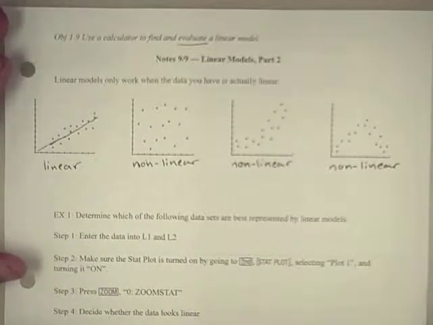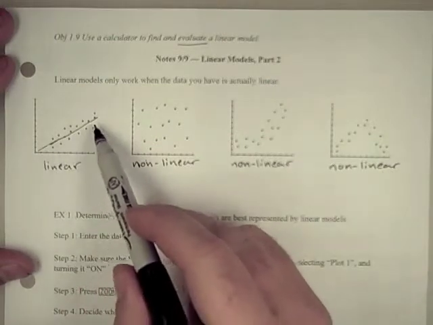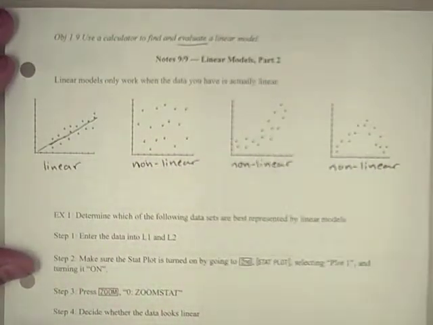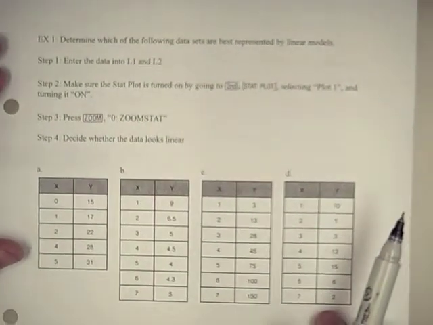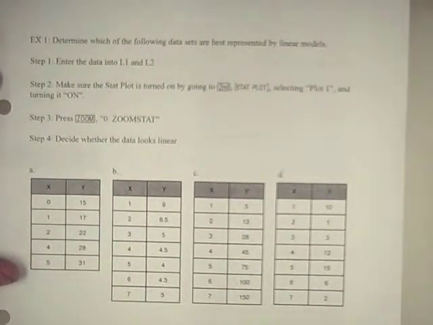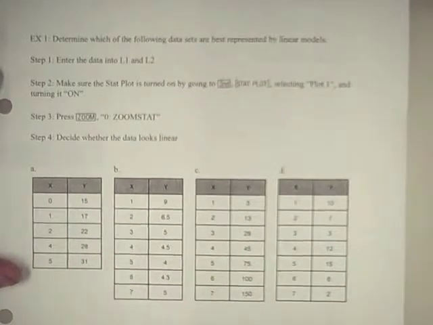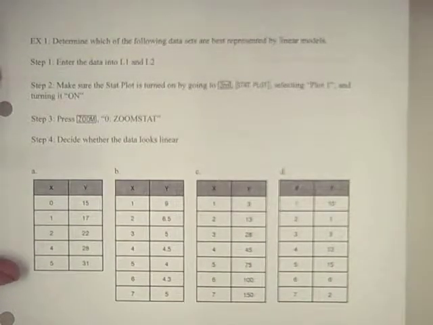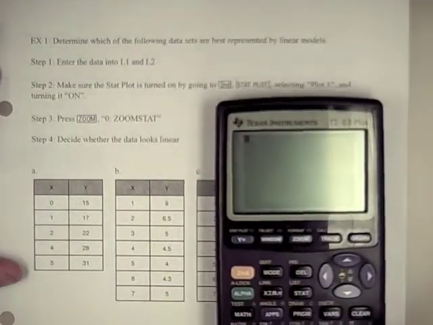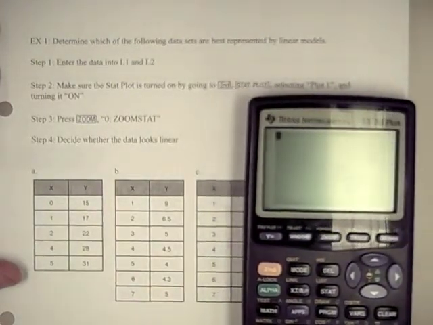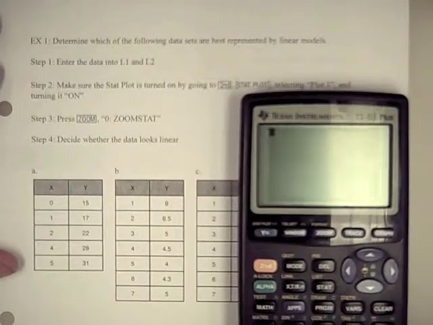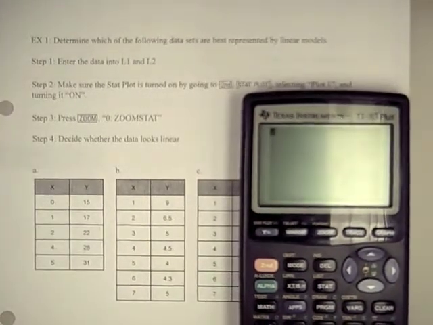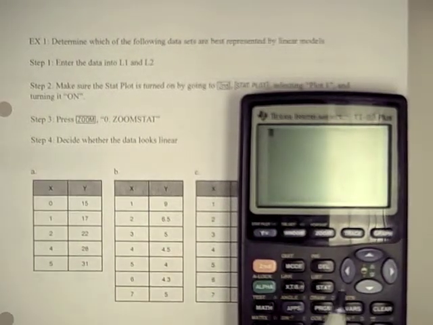When you've got that scatter plot, it's easy to see whether data is linear or non-linear. If you have a set of data in a table, though, it's somewhat more difficult to see with your eyes. So instead, we can use our calculator to make a scatter plot so that we can look and see if the data is linear. We'll start with data from A here. In order to do this, I need to make sure that my data is in the calculator.